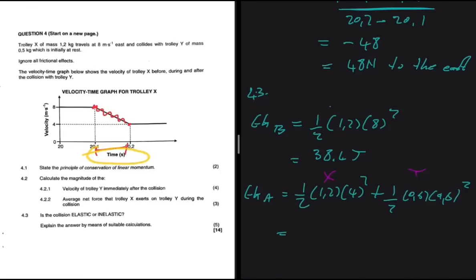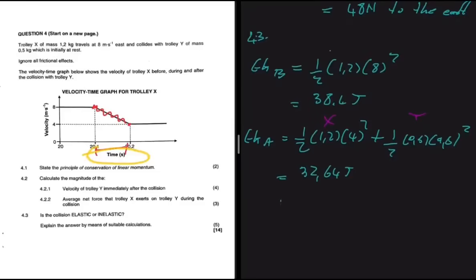Multiply by 0.5 multiplied by 9.6 squared, I'm getting 32.64 joules. So since EK before is not equal to EK after, then we deem this collision inelastic.